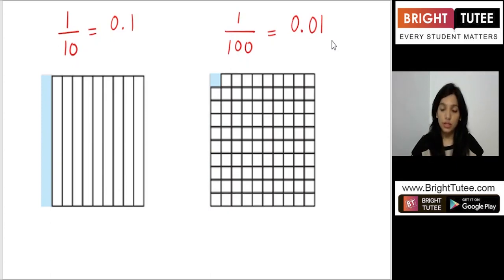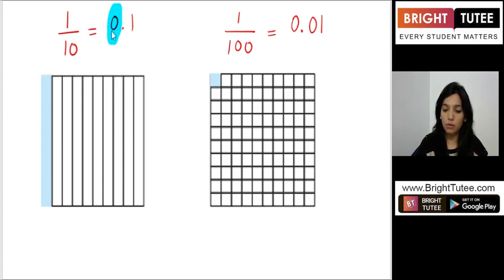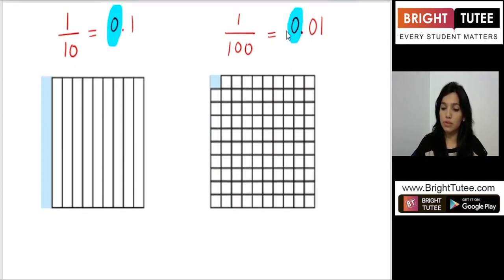Now tell me, do you think 1 over 10 is bigger or 1 over 100 is bigger? Clearly the whole number in both these numbers is the same. On both sides we have a 0. There's no whole number. Then we see the decimal point sitting in both numbers. So what will we do?